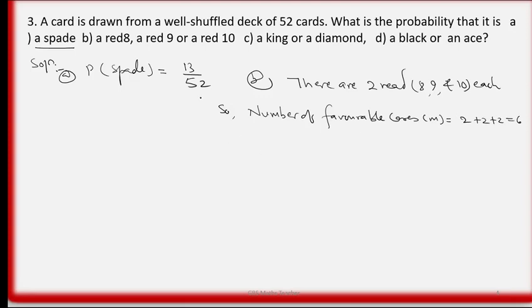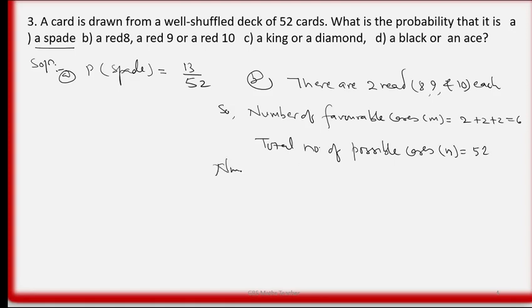And now the total number of possible cases, it is denoted by n, that is 52.